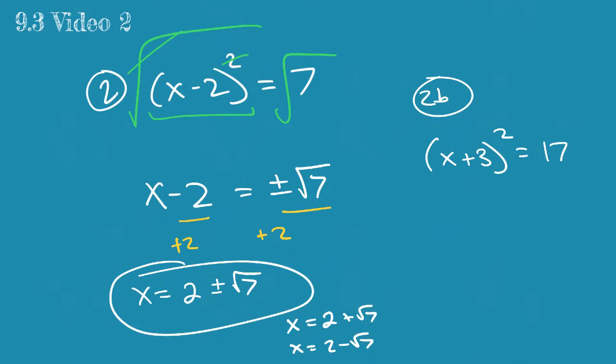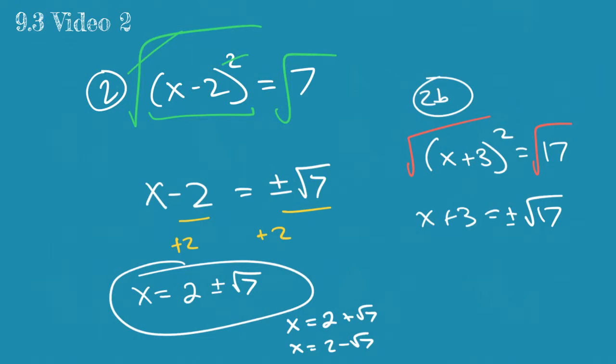Now, if we did this, we would take the square root of both sides, and we get x plus 3 equals plus or minus root 17. And we look at it, and 17 is not a perfect square. It's not one I can break down because the only numbers that go into it are 1 and 17.